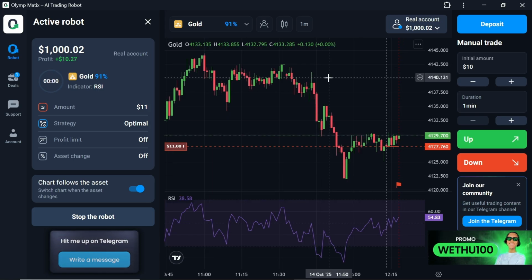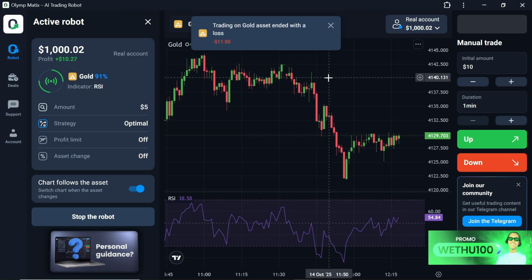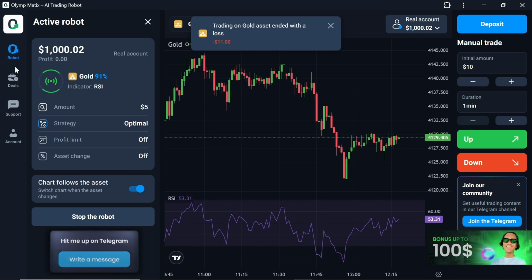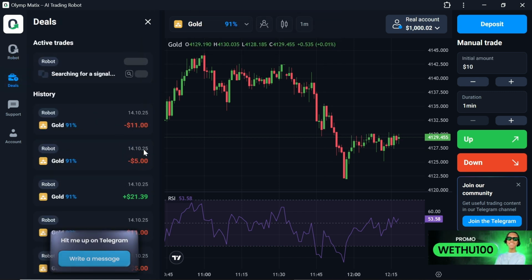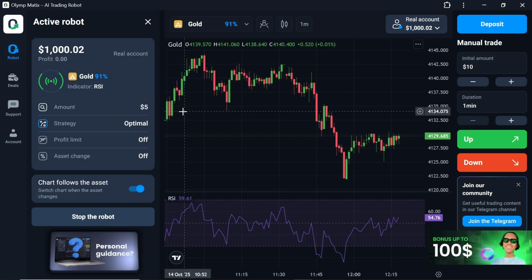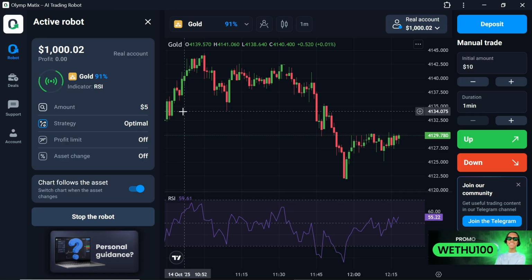Okay, that's going to be a loss. So we did take a couple of losses. We took 2, which is still fine, and the robot is searching for a better position to enter, right?